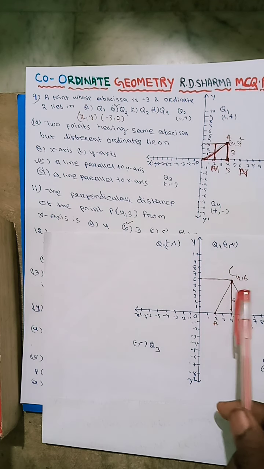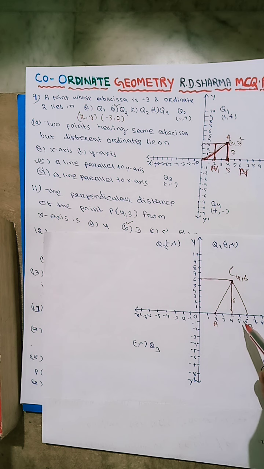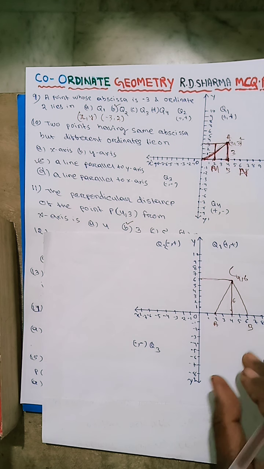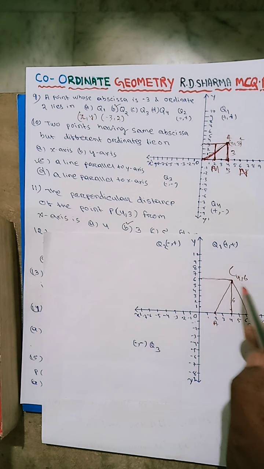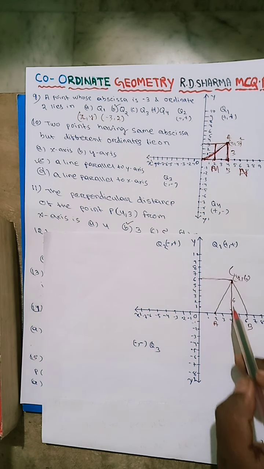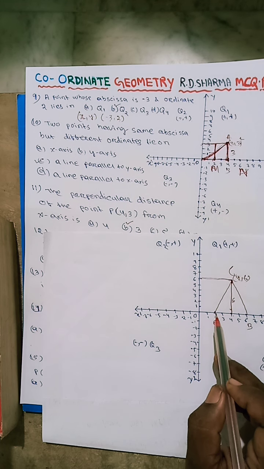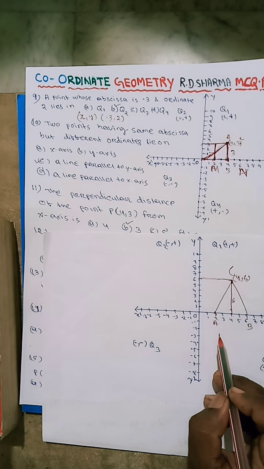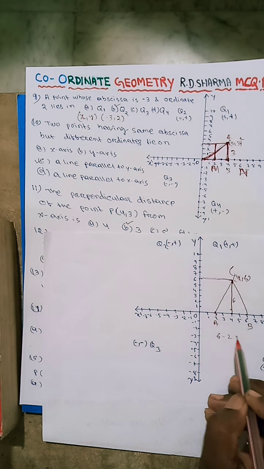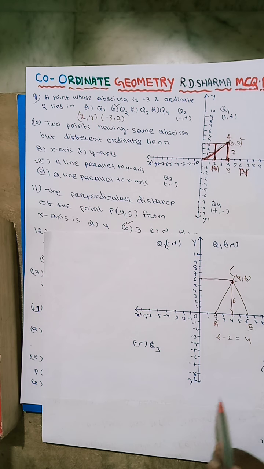The perpendicular from the point C to the x-axis, or base, is equal to the ordinate value. Ordinate value here 6, abscissa 4, the perpendicular is 6. The distance between A and B is 6 minus 2 equal to 4. So base is equal to 4.